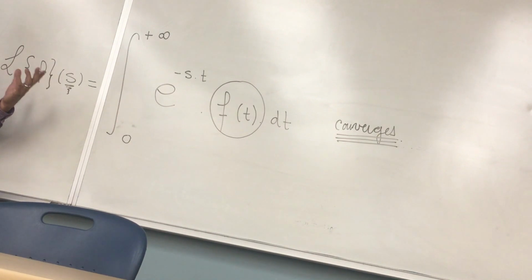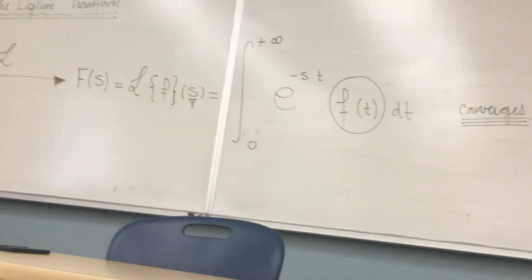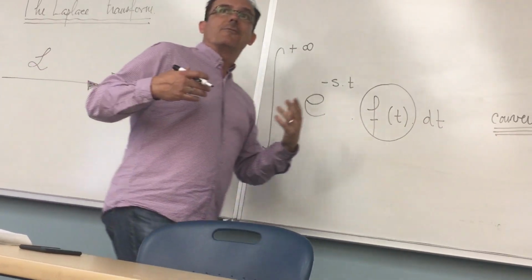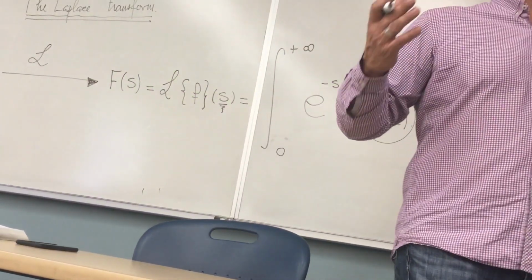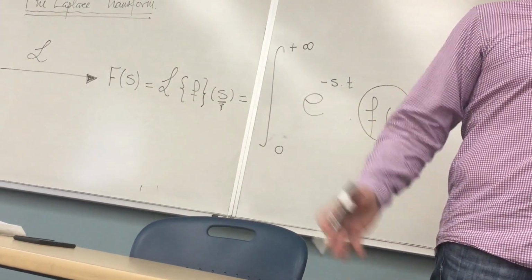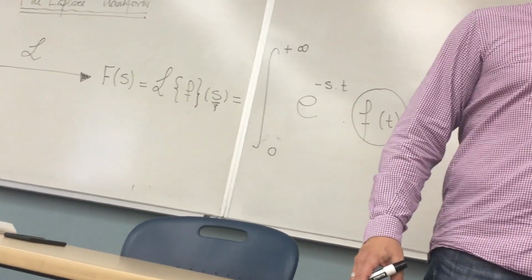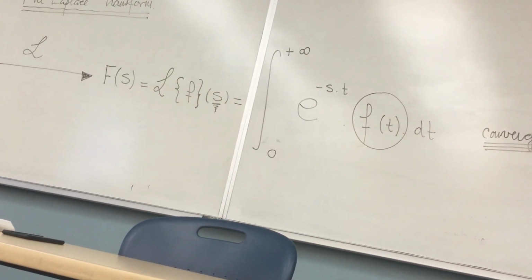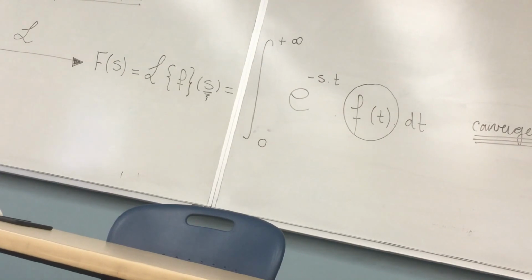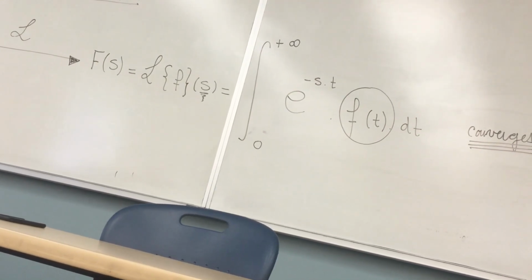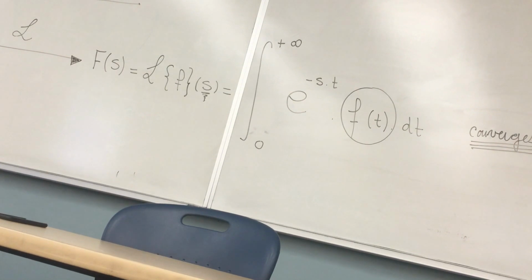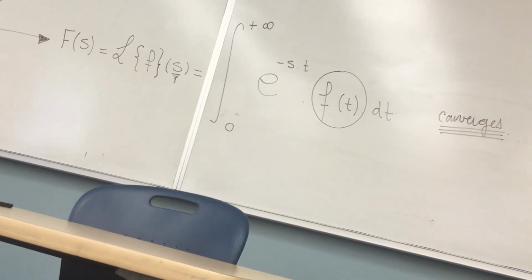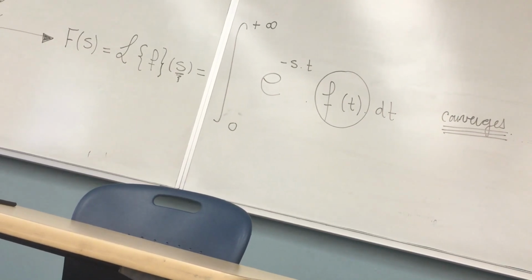There might be functions of t for which this improper integral diverges, and therefore we will say that the Laplace transform does not exist. We'll see examples, right? But it's not going to be a main concern for us. We're going to assume that we're working with functions f of t for which the Laplace transform exists, right? But keep in mind there are functions little f of t for which the Laplace transform does not exist. I'll give you an example.